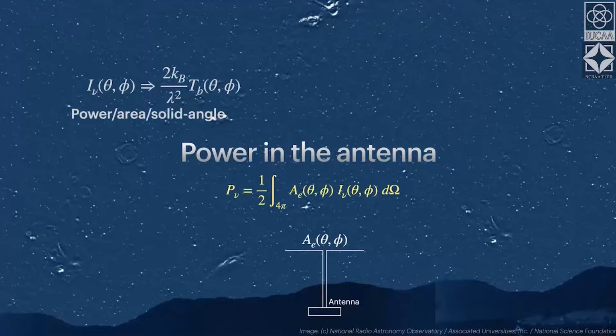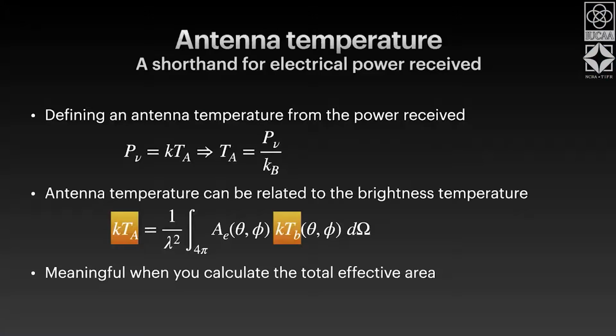Essentially, you're equating the intensity you're getting in a small band to the intensity of a black body of some temperature, and hence in the Rayleigh-Jeans limit this would be the expression: 2 kB T by lambda square. What that allows you to do is convert the intensity distribution of the sky into a temperature distribution, and you can have an expression like this for the power that would be available at the antenna.